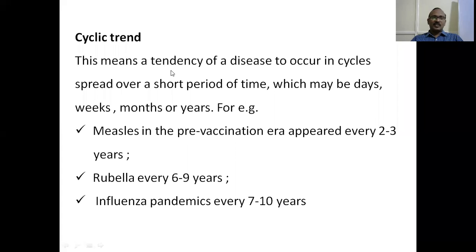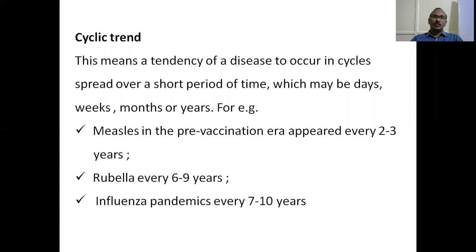What is cyclical trend? As the name suggests, cyclical trend means there is a tendency of the disease to occur in cycles, which will spread over a short period of time, which may be days, weeks, months, or years. As we call it a cycle, there is a repetition after a period of time. For example, measles in the pre-vaccination era appeared every 2 to 3 years.